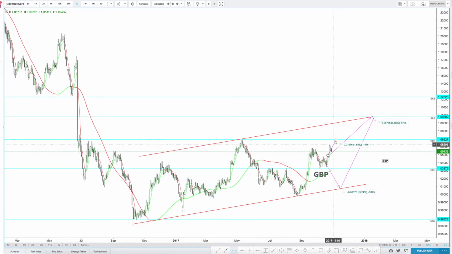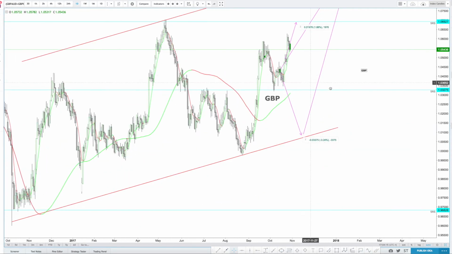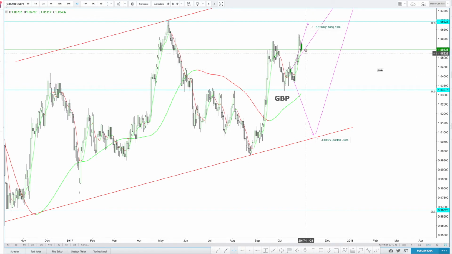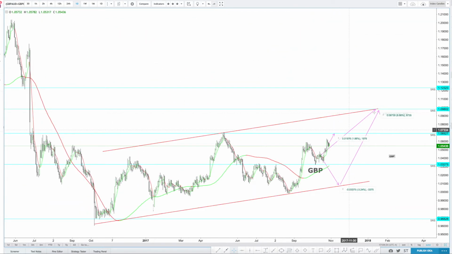We just started going up following this arrow here. So I'm still expecting it to at least test these highs and then possibly go higher to this trend channel and this support resistance. So I'm still pretty bullish on British pound, so I'm going to write down GBP up.